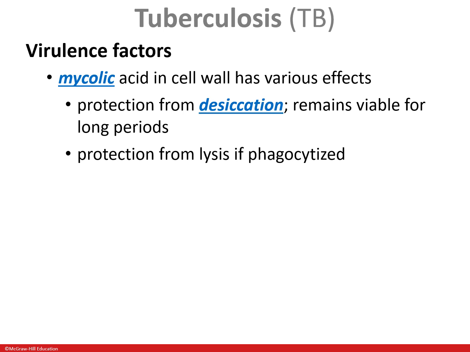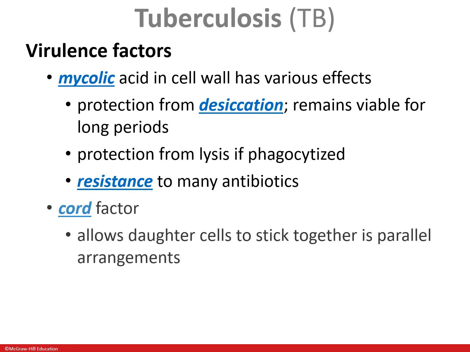Protection from lysis. So this is one of the main reasons why those macrophages are unable to destroy the bacteria when they are phagocytized. Also, that waxy layer, the mycolic acid, keeps many antibiotics that are water soluble from entering the cell in the first place. So that alone makes them difficult to destroy with antibiotics.